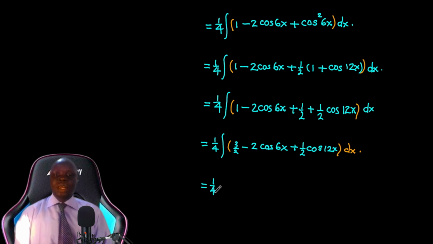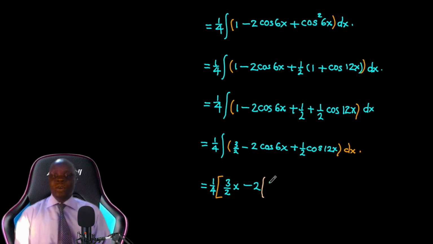So we have 1/4 multiplying the integral of the first term here, which is just simply attaching our variable x, minus 2, and let's open up another bracket because we're going to integrate what is here, and that is cosine of 6x.